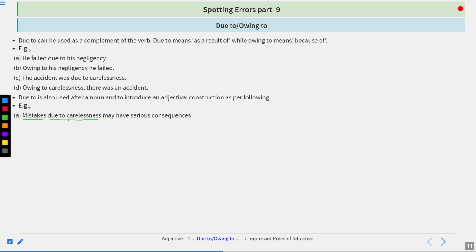What kind of mistakes? Due to carelessness. A power failure due to a fault in the cable brought all the machinery to a standstill. Again, due to a fault in the cable is describing power failure, acting as an adjective. I hope you have understood.